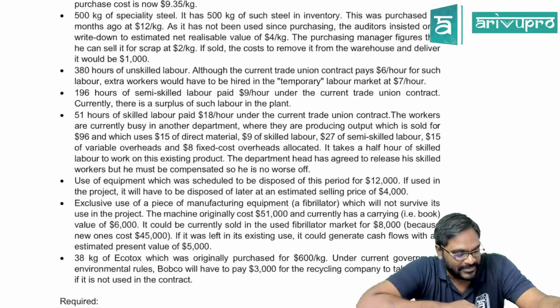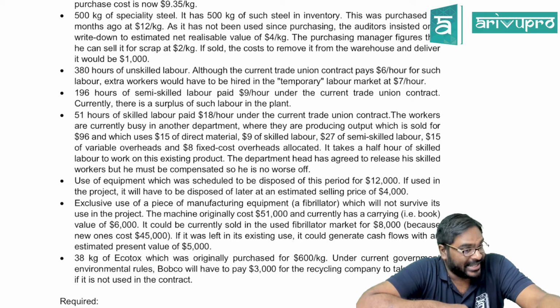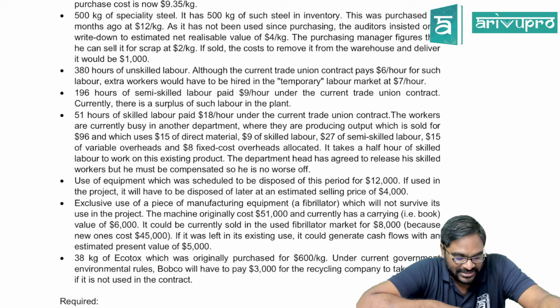Right. Next one. 51 hours of labor paid $18 per hour under the current trade union contract.